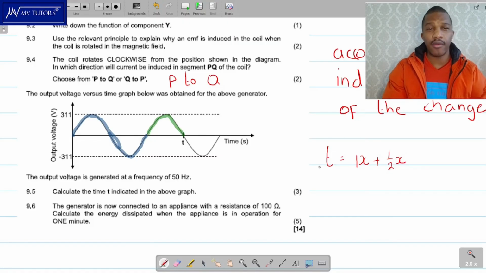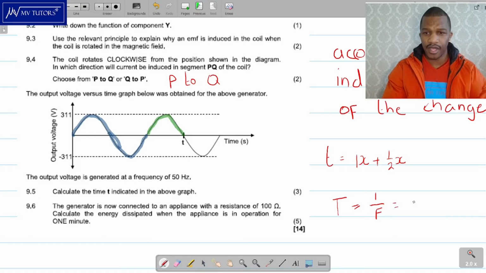Okay, now what is x? We need to solve x. X will be the time. Now, solving time, the only way we can solve time given the information we have is using the frequency. Remember, time is actually 1 over frequency. So here we'll have 1 over 50. All right, now I need to bring in a calculator to calculate this.